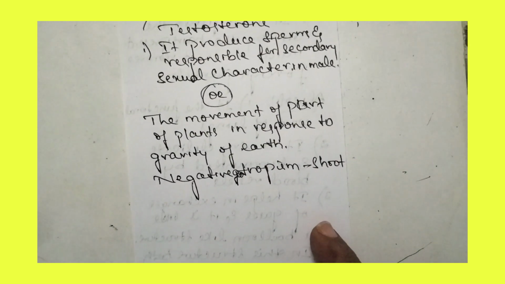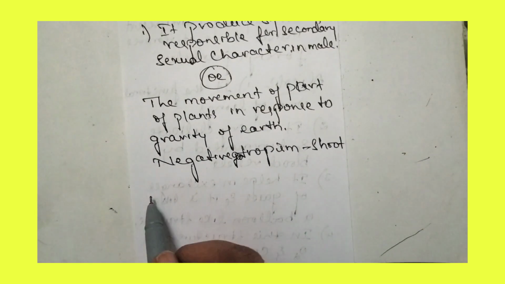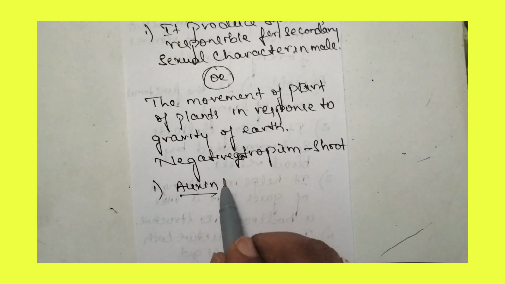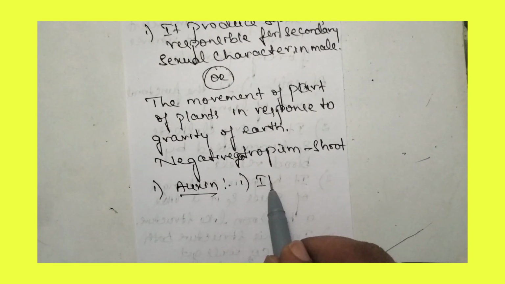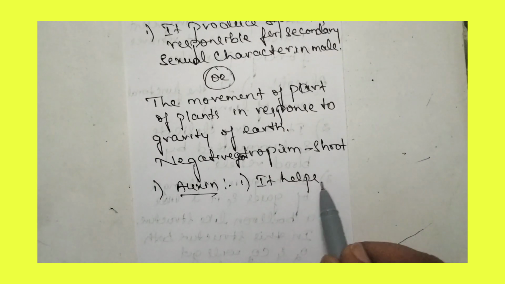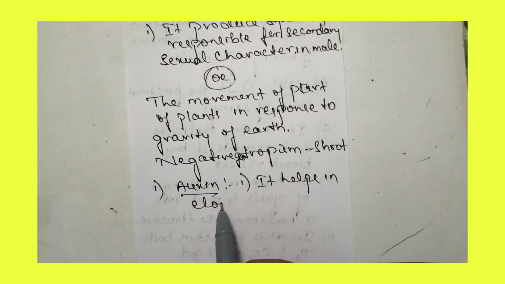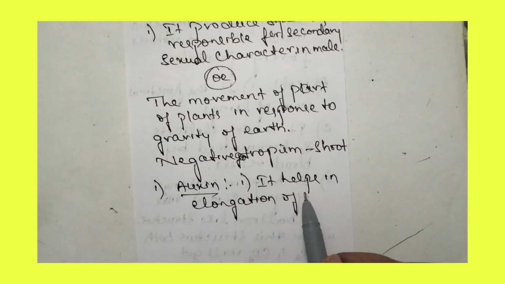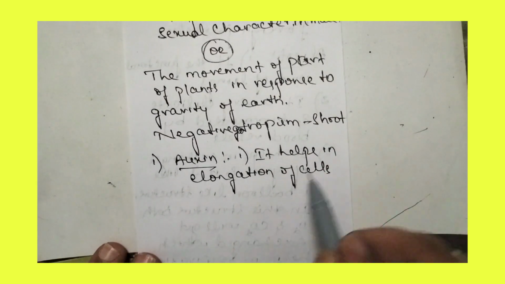Next, write the function of the following plant hormones. First one is auxin. The function of auxin is that it helps in elongation of cells.